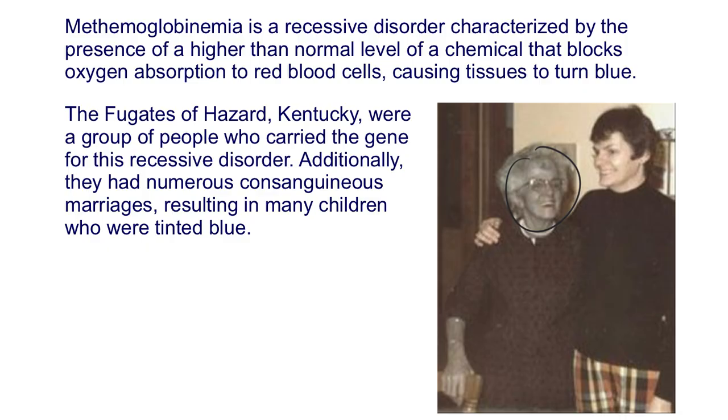Not because they're sickle, just because something in their shape is not allowing them to absorb as much oxygen as they should. So the blood is like vein blood, even in the arteries. That trait remains in that population because of inbreeding, whereas it's very rare in the larger population.